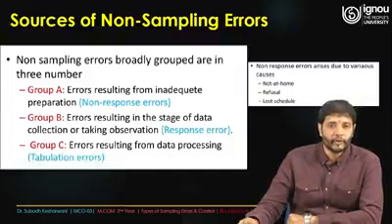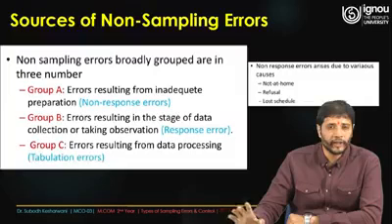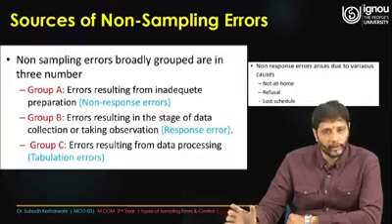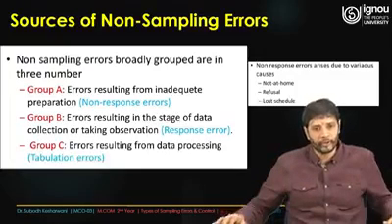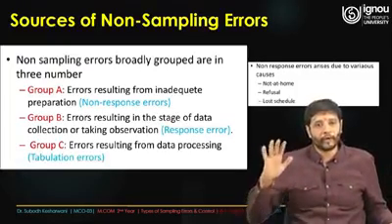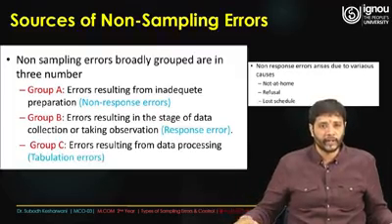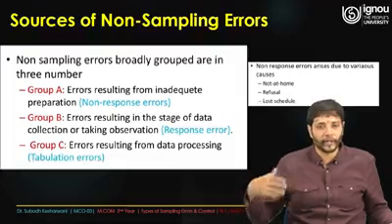Anyway, the sources of non-sampling error are broadly grouped into three groups: group A, group B and group C. Group A we have already talked about, which is non-response errors, whereas group B talks about errors resulting at the stage of data collection or taking observations.